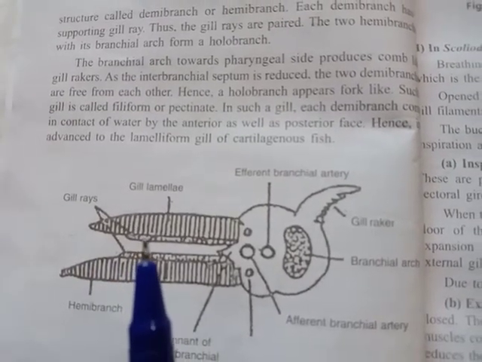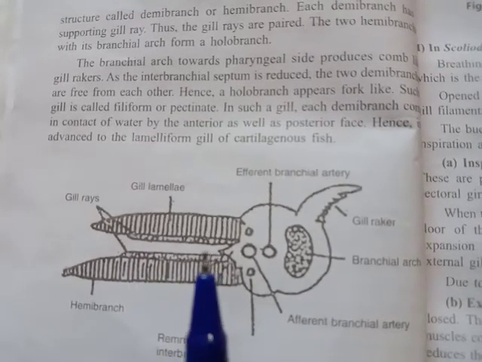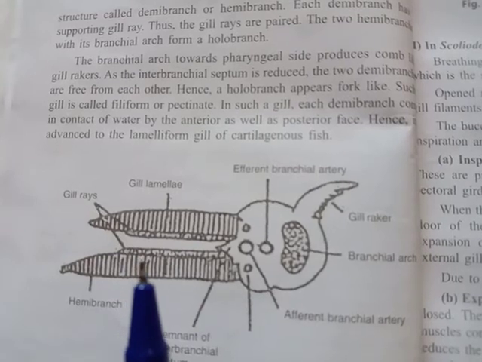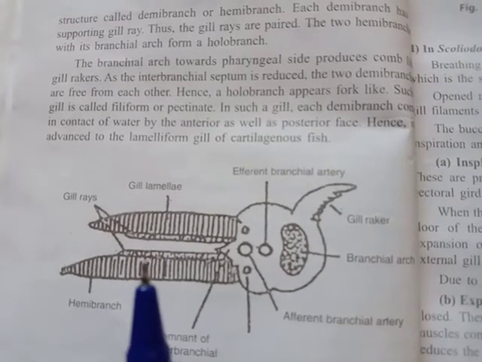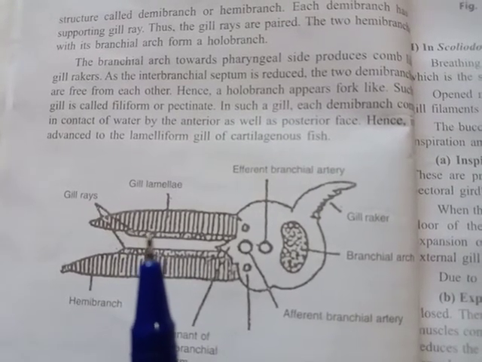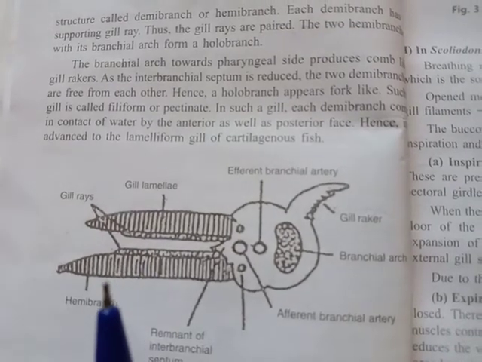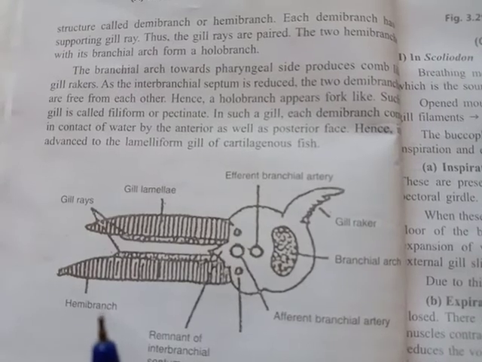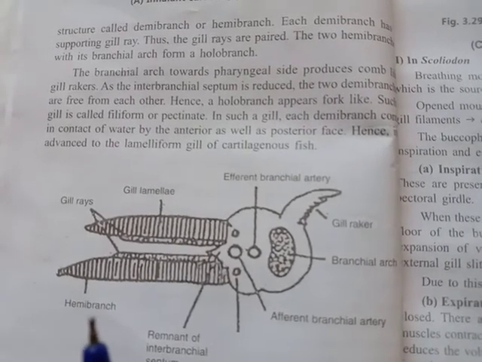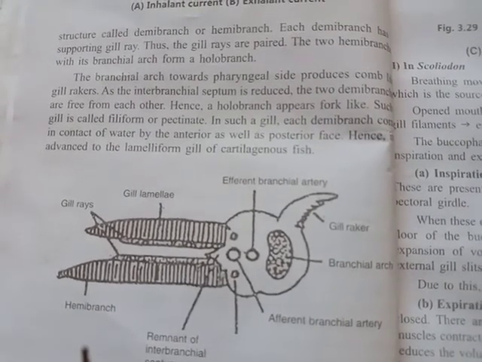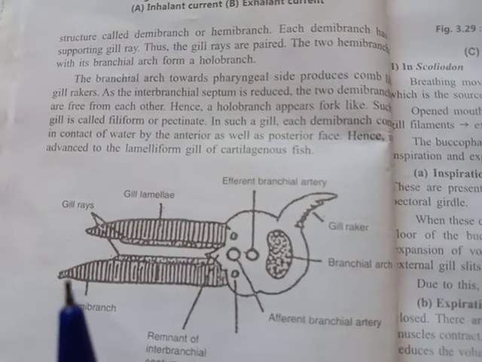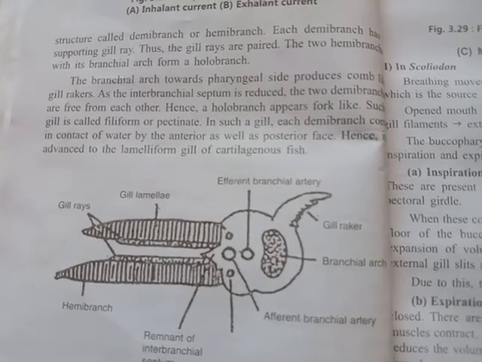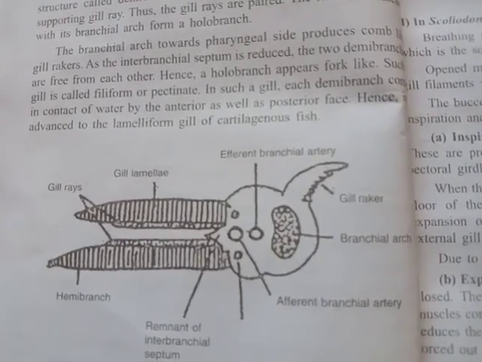In Scoliodon, there is only a single gill ray, but in Labeo, we observe two gill rays. Thus, the gill rays are paired. The two hemibranches with the branchial arch form a holobranch.